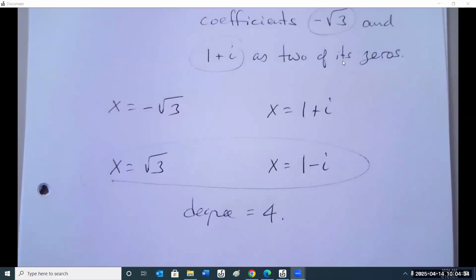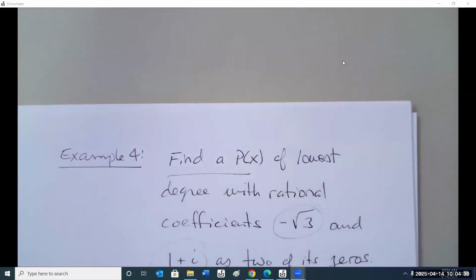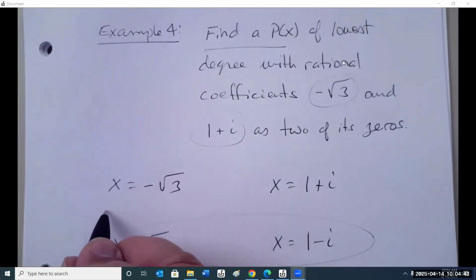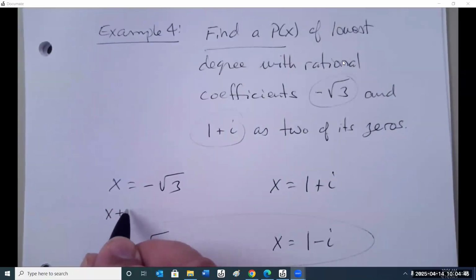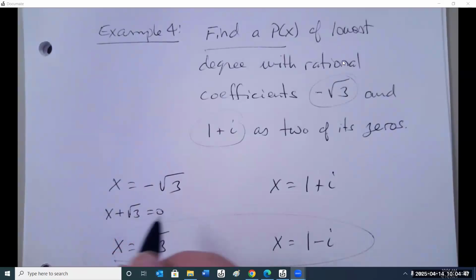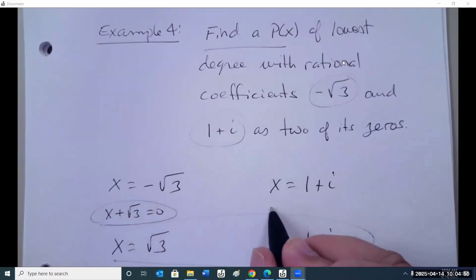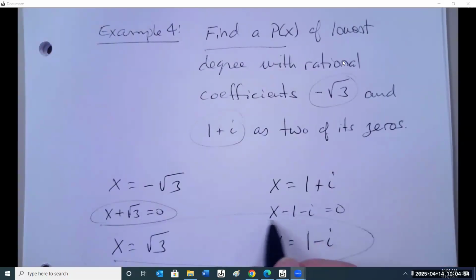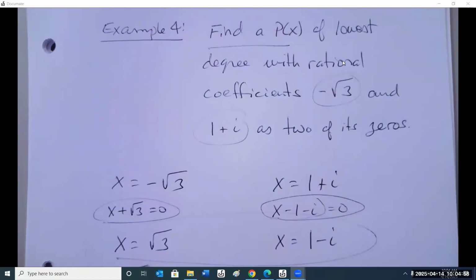So let's find the polynomial. Because that's what it asks. It has said, find the polynomial of lowest degree. So we have each of these. We have x plus radical 3 equals 0. x minus 1 minus i equals 0. x minus radical 3 equals 0. And x minus 1 plus i equals 0.